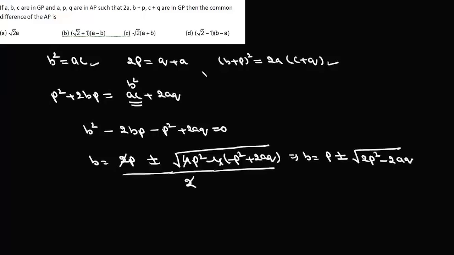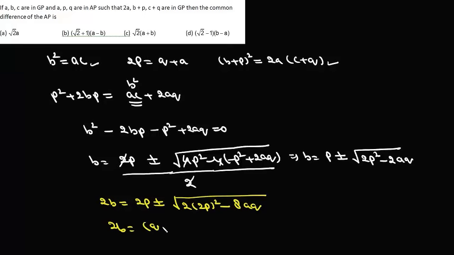Now we know that 2P is Q plus A, so we'll multiply both sides with 2. We can write 2B equals 2P plus minus under root of 2 into 2P square minus 8AQ.